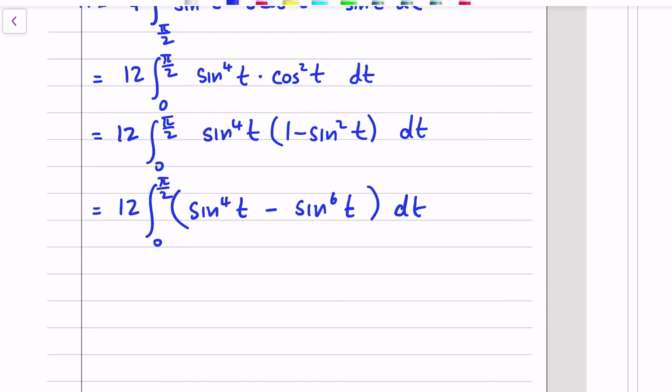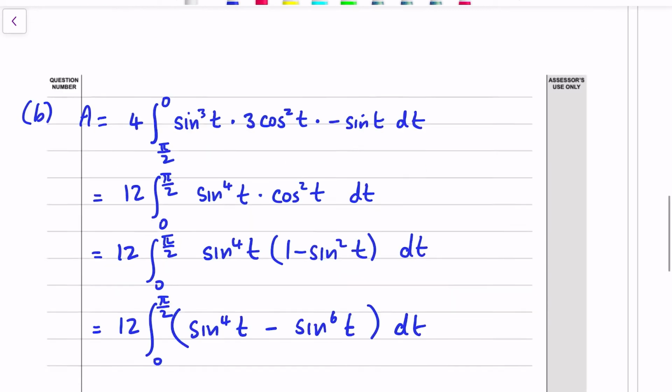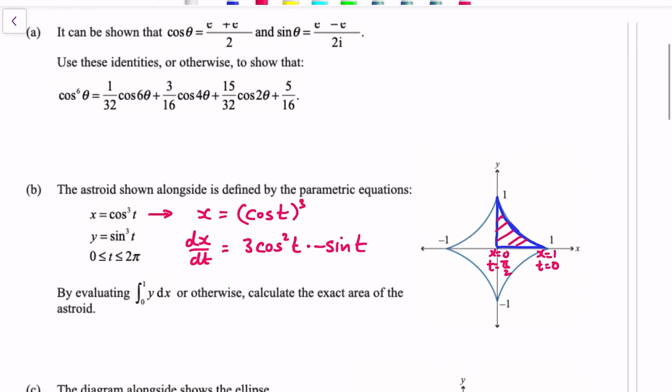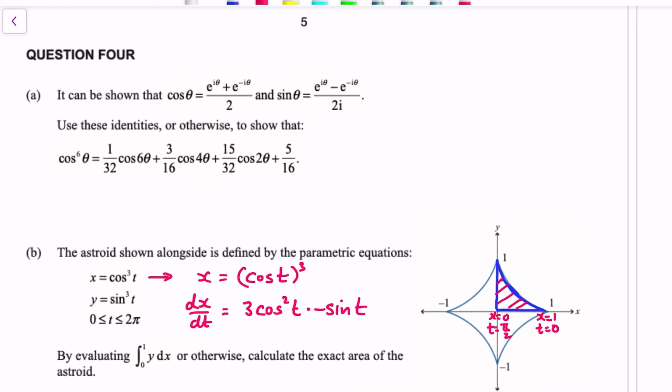So let's go back to sine theta there, e to the i theta minus e to the minus i theta over 2i.